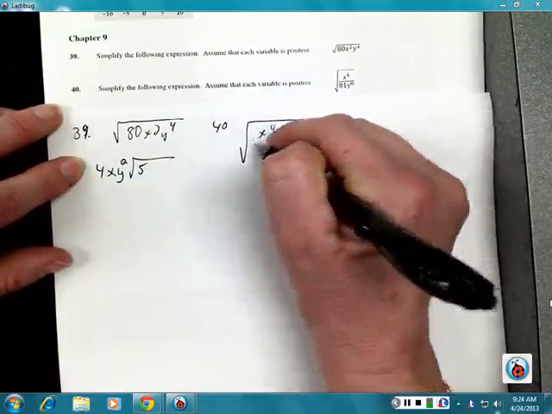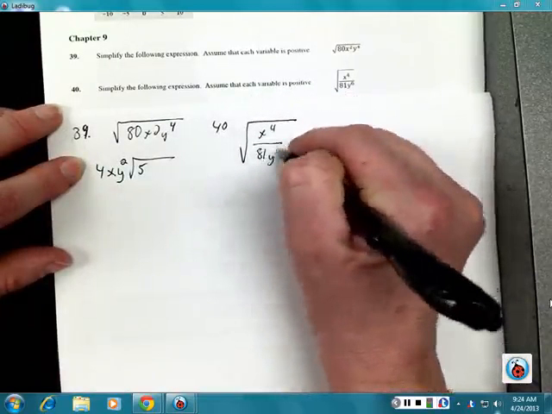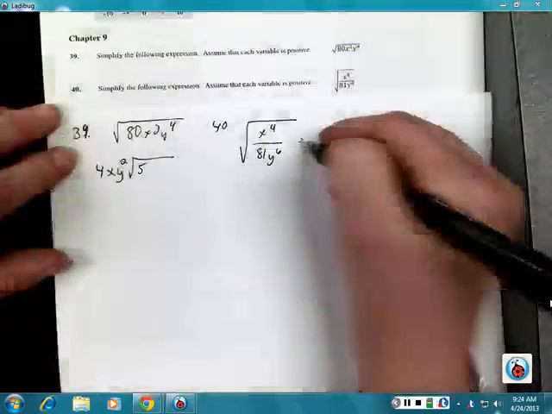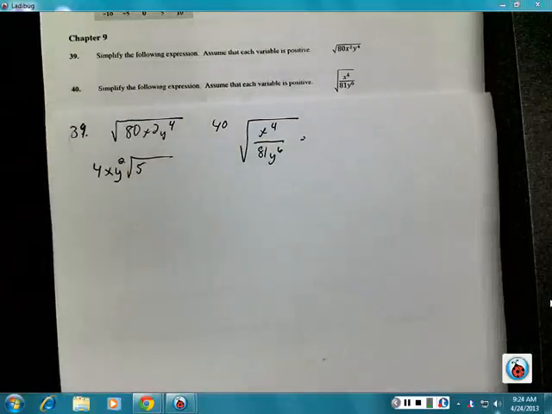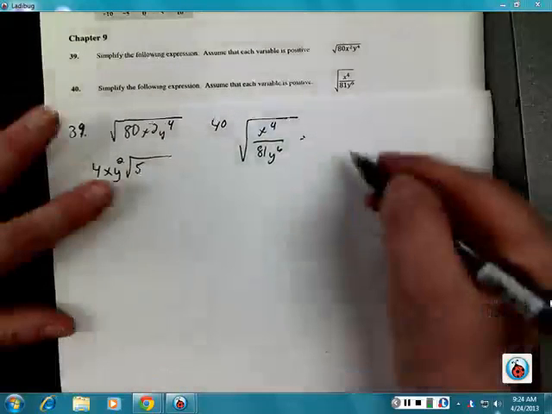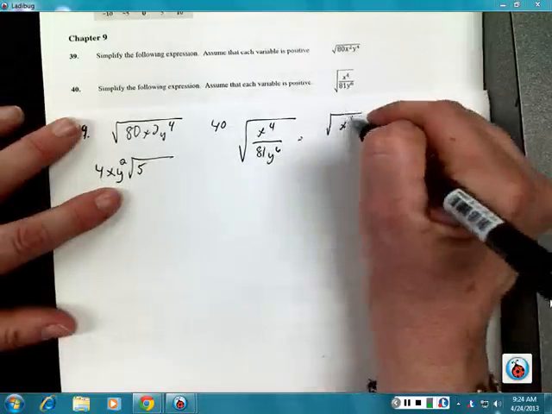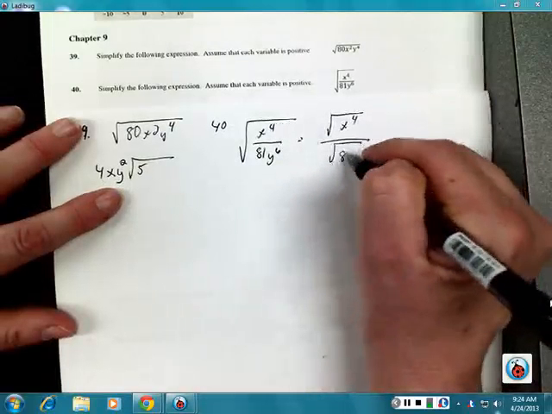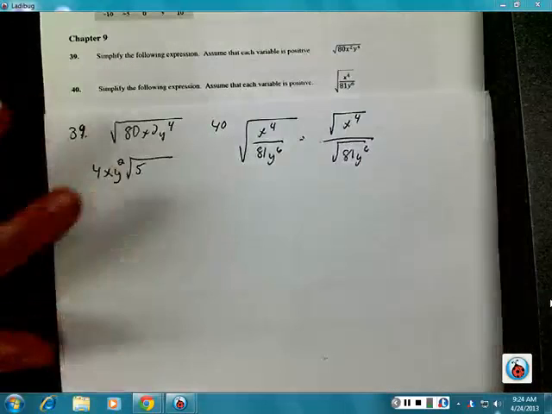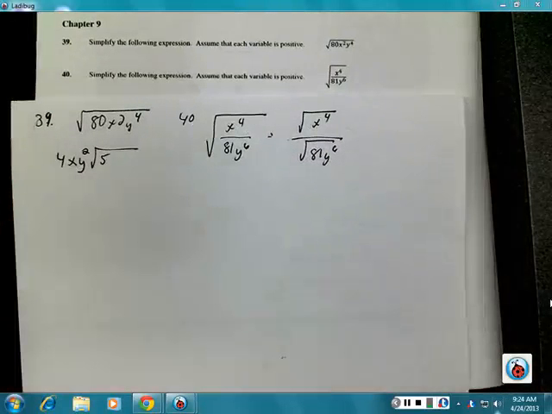Number 40. 40 has pieces in both spots here. But if we look at each of those pieces, all of its perfect squares, so I can take the top part and break it apart, break the bottom part apart, and what happens to that? What am I left with?